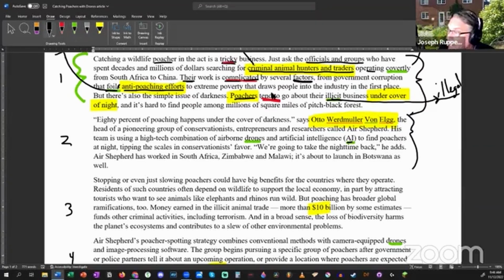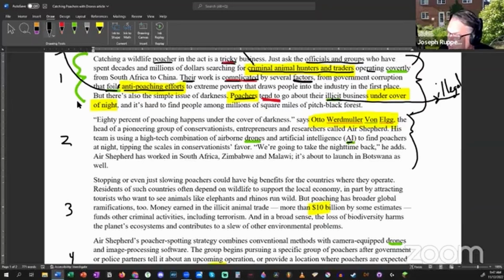His team is using a high-tech combination of airborne drones and artificial intelligence to find poachers at night, tipping the scales in conservationists' favor. We're going to take the nighttime back, he adds. Air Shepherd has worked in South Africa, Zimbabwe, and Malawi. It's about to launch in Botswana as well.